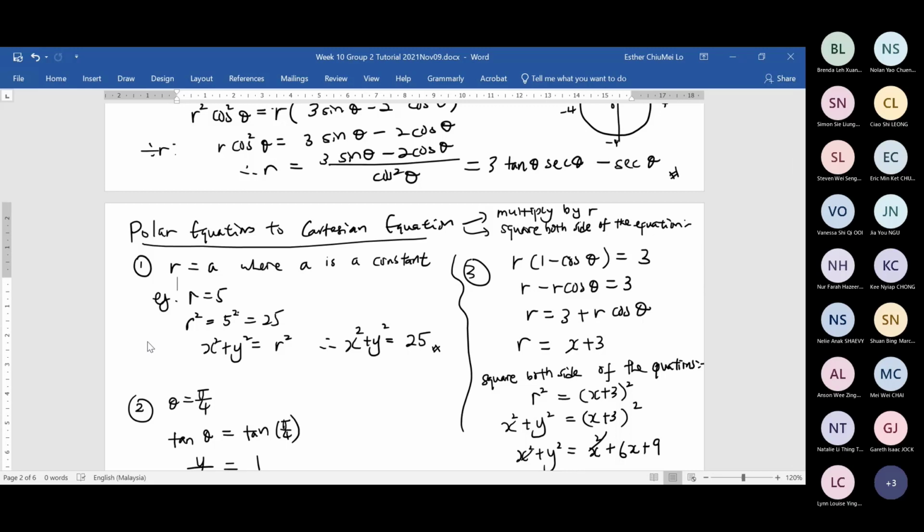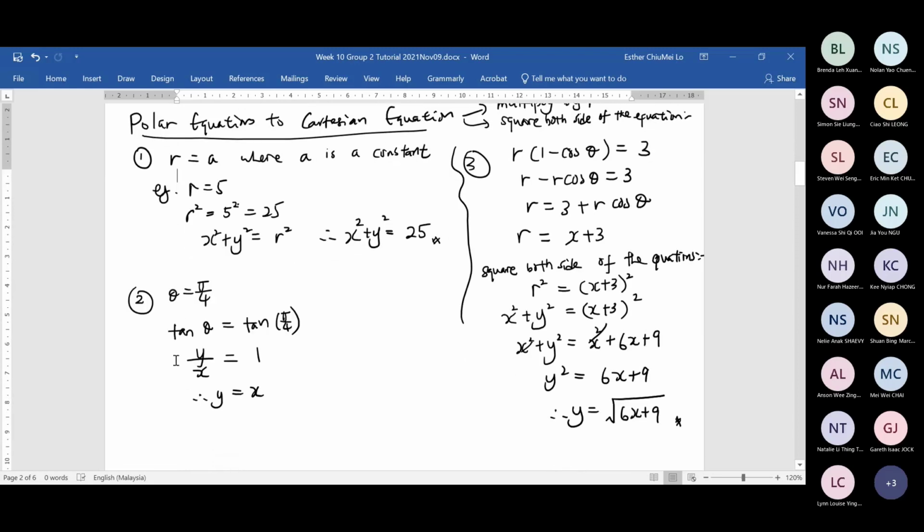If we multiply by r, we get r squared, and when we have r squared, we can change that to x squared plus y squared. So in order to have another r, we either multiply or we square both sides. It depends on the equation, so we have to look at the equation.